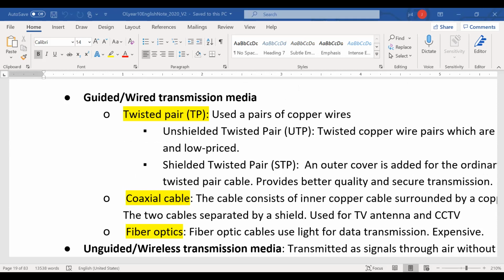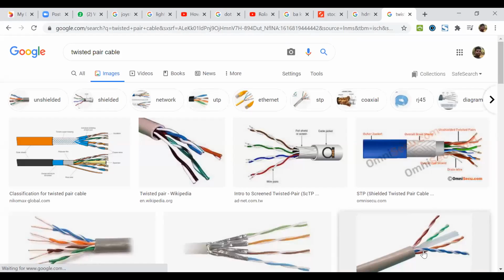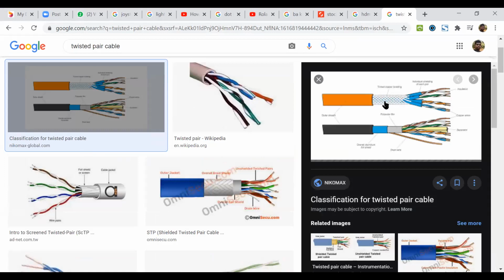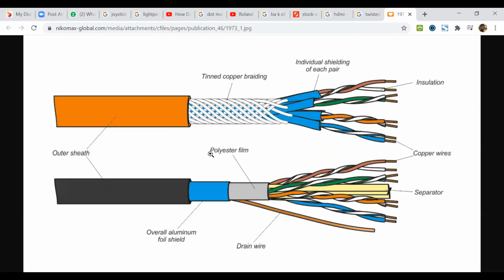Let me quickly show you an image. There are two different types of cables. Let me open the image in a new tab. So this is twisted pair. There are copper wires, and they are twisted, so because of that we call it twisted pair.